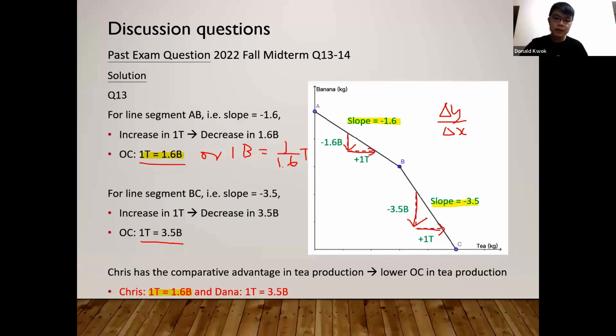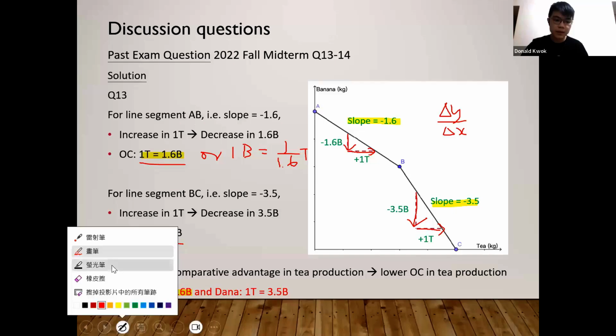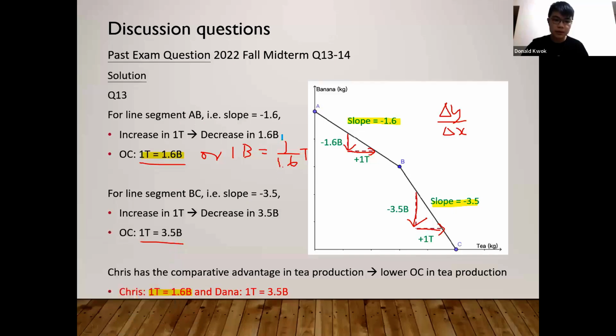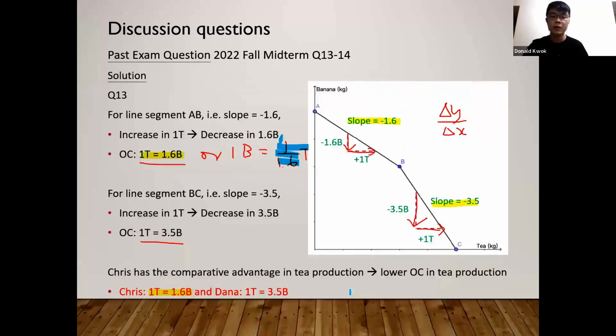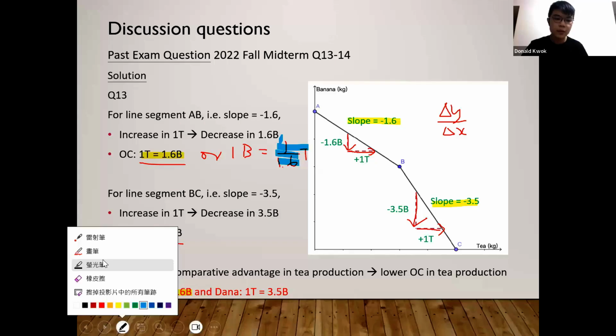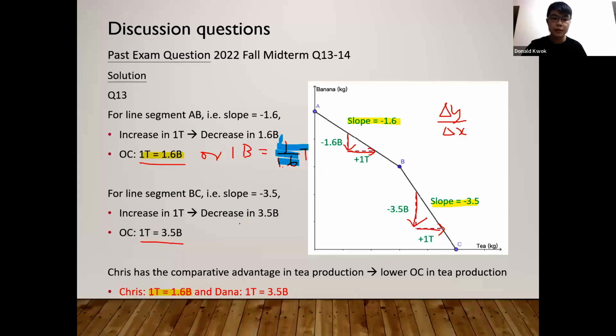Okay, so obviously, 1 over 1.6 is smaller than 1. And this is why Chris has a low opportunity cost in producing banana compared with the world trade ratio. And this is why Chris should produce banana. And from the perspective of Dana, we do something similar.